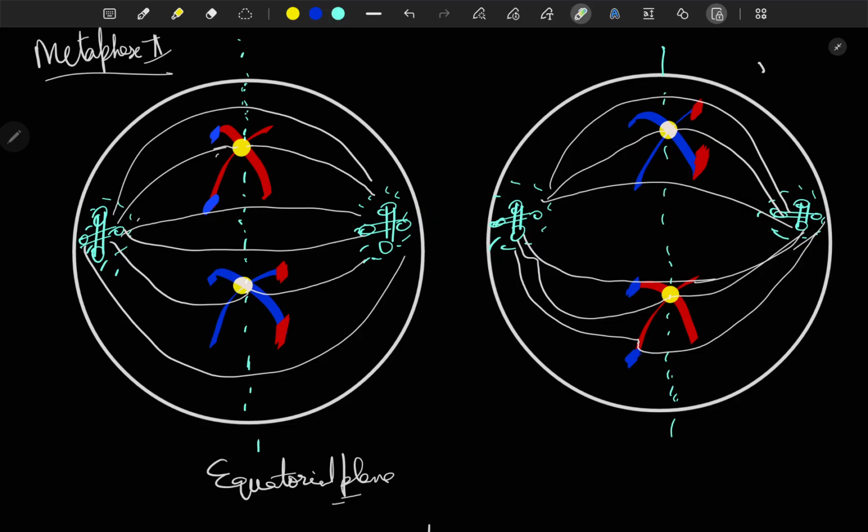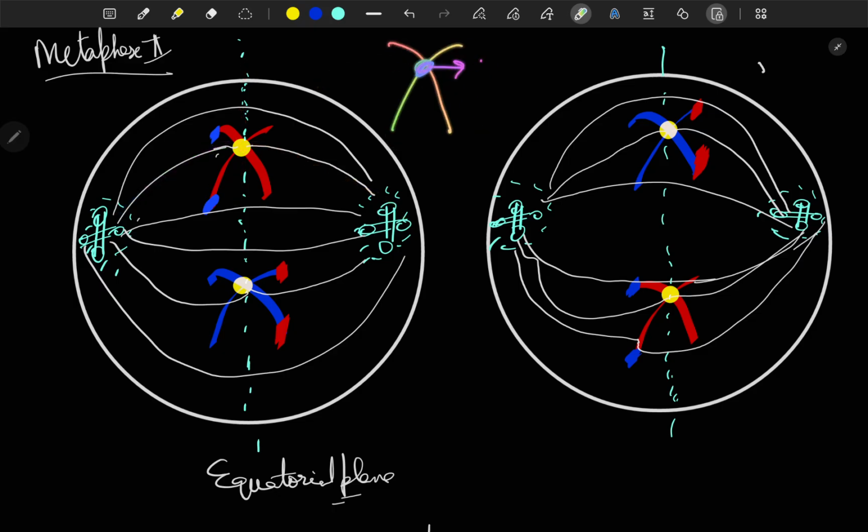This chromosome and this centromere are attached directly from the north pole, but the other is attached directly from the centrosome on the south side, the opposite side. Later, this arrangement leads to the separation of the sister chromatids at the centromere location.